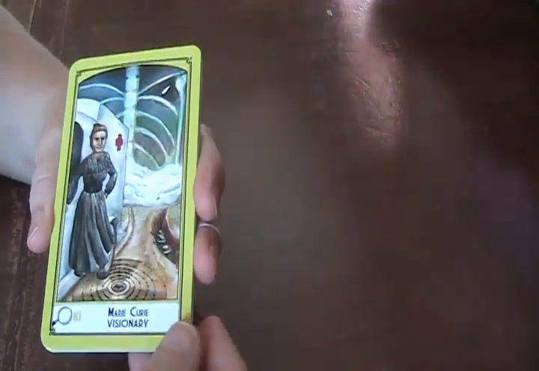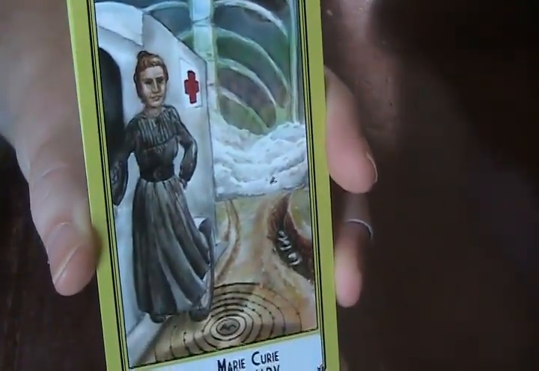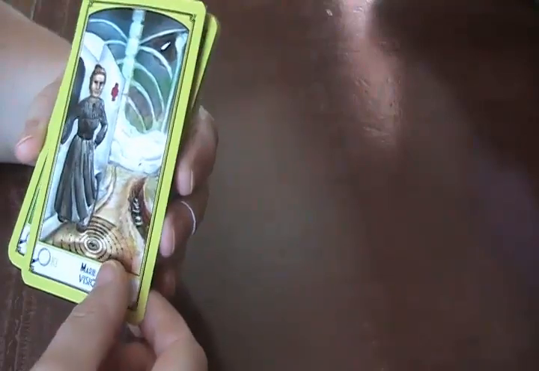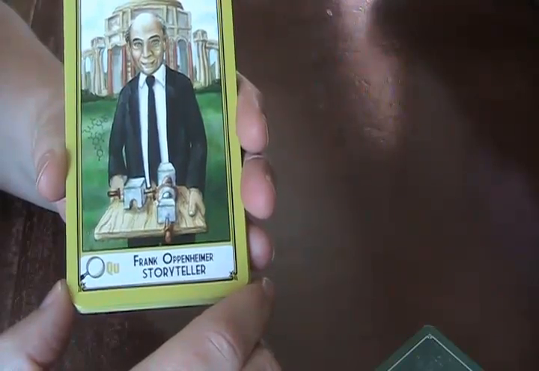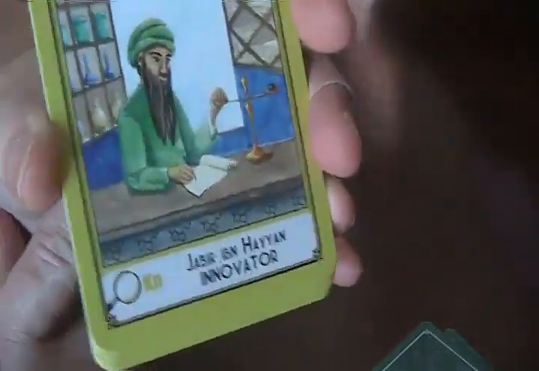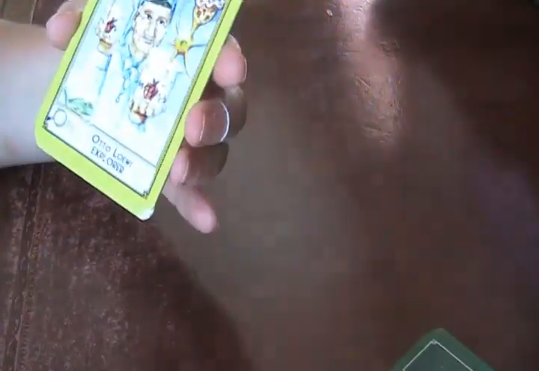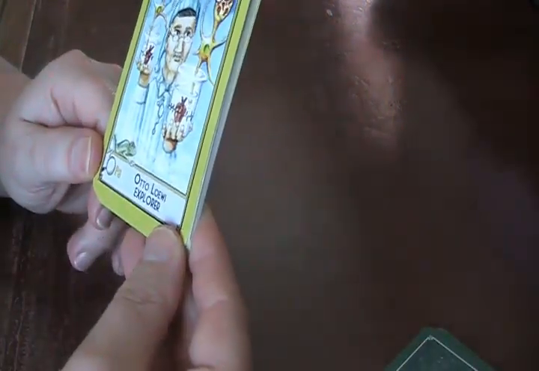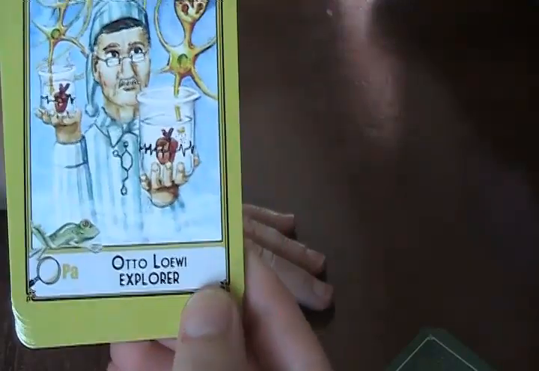And we have the King, Madame Curie, Oppenheimer, I'm not going to butcher that name, Otto Loewi, neurologist, biologist, something.